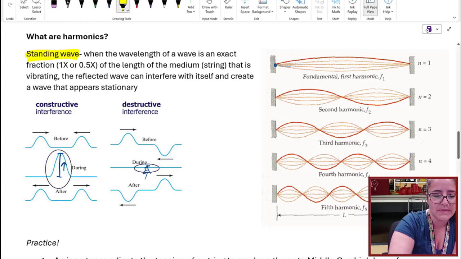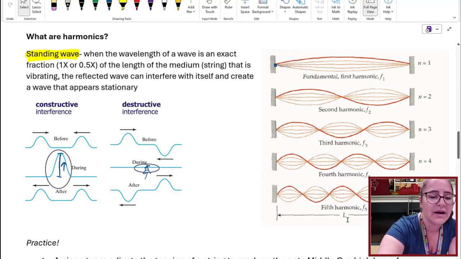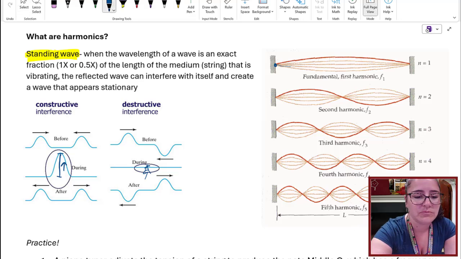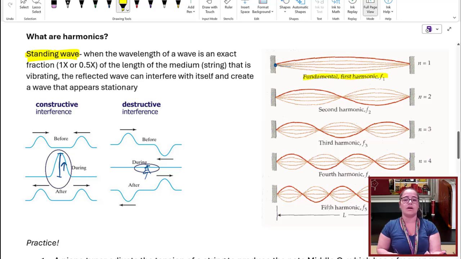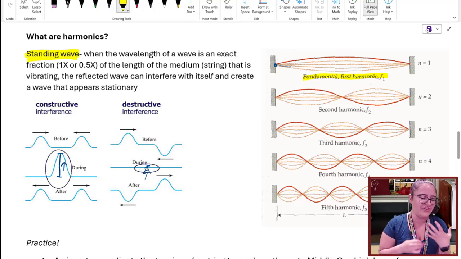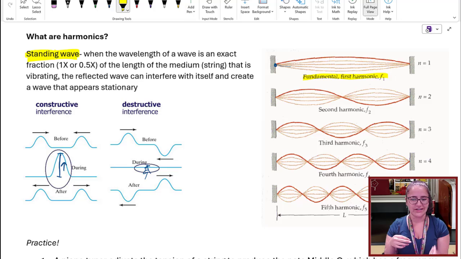Now, this can happen when the wavelength is an exact fraction, either 1 or 0.5, of the length of the string. Now, the fundamental is the first harmonic, and this is the one that instruments primarily play. If you don't know which wave is happening on the string, it's going to be that first harmonic.